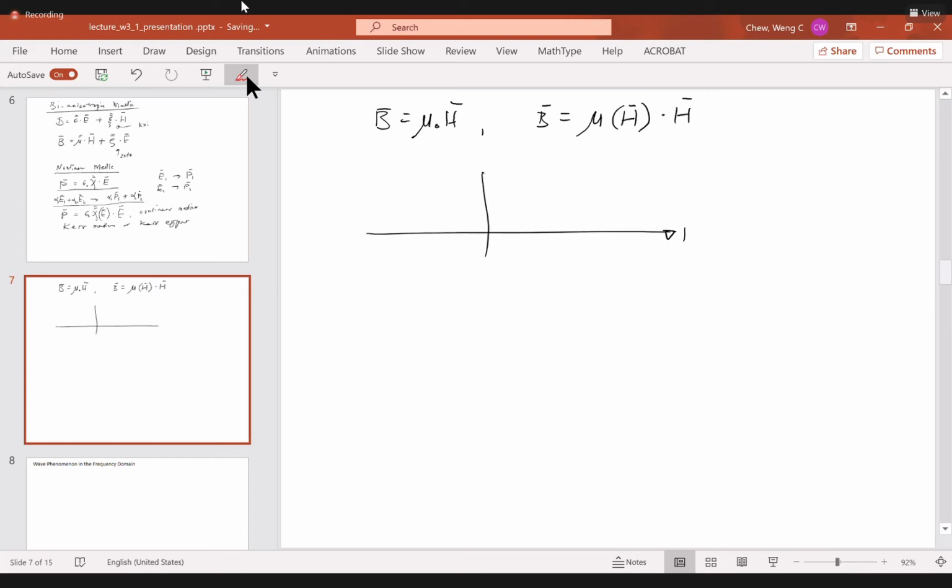If you were to plot B and H, it would not be a straight line, but it might go something like this.